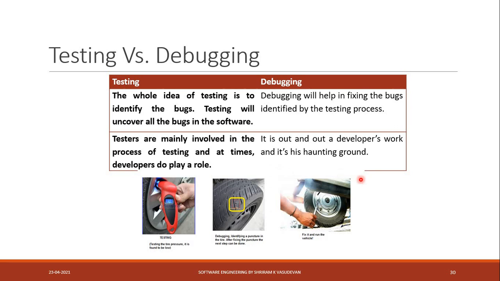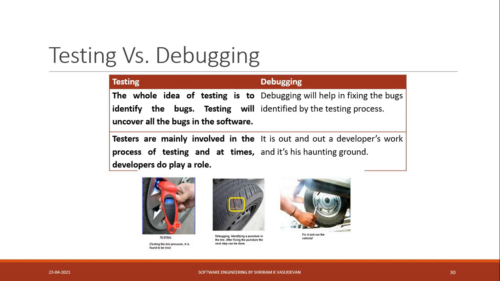Please understand the difference between testing and debugging. Testing is to identify bugs. Testing will uncover all the bugs. What is debugging? Debugging will help you in fixing the bugs. That's all. Now take the example where the tire is not working fine. The tire has lost the air inside it. So I test it with the monitor. Now this is testing.